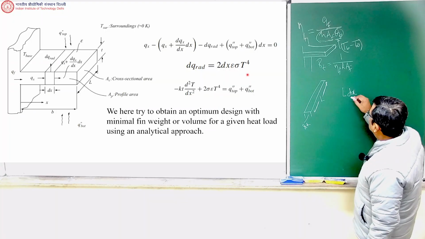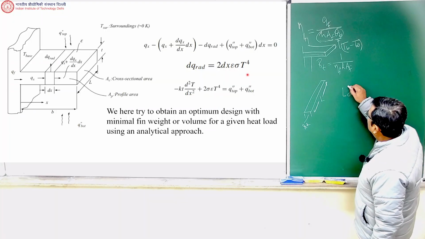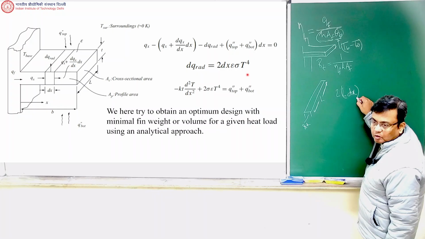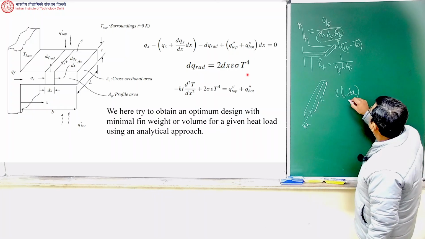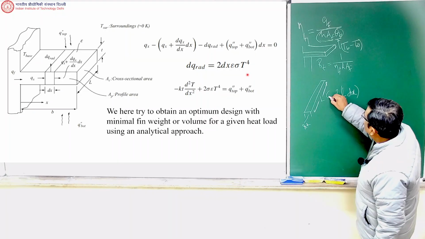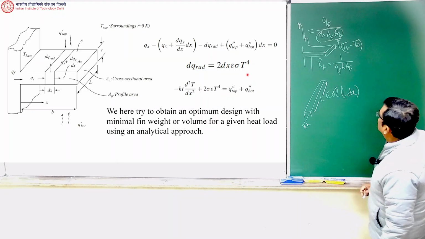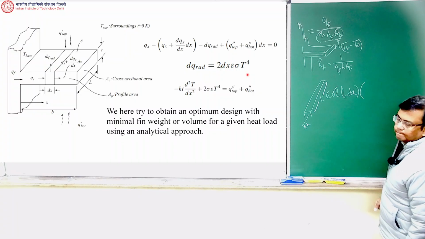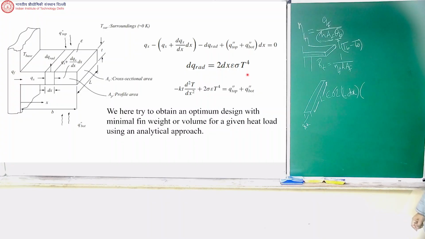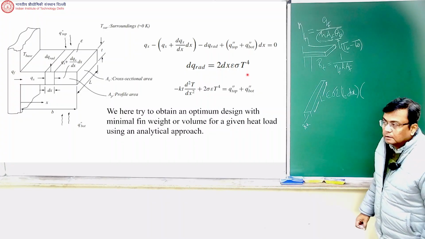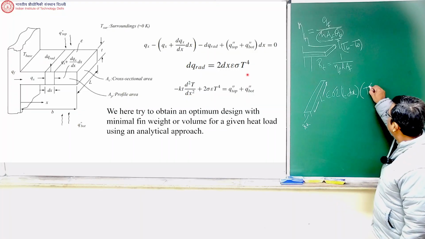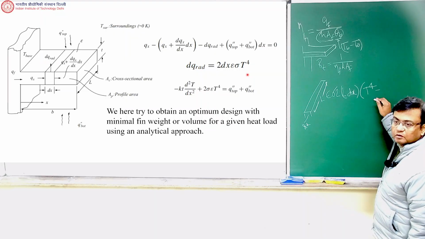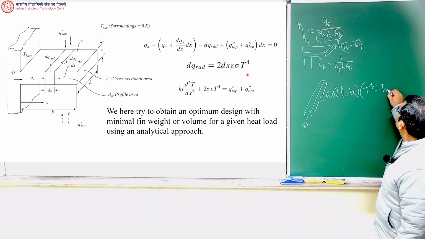So this is the area, and then there are two such areas, top area and the bottom area. So then we have epsilon sigma A, right? We should multiply this by T to the power 4 minus T surrounding to the power 4.